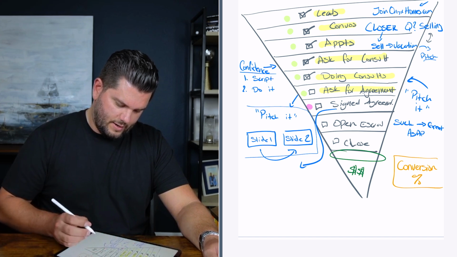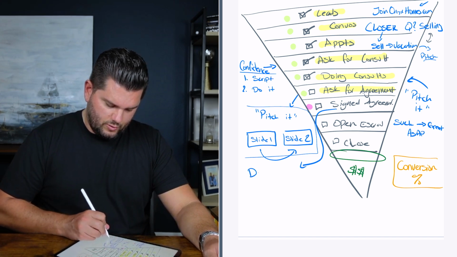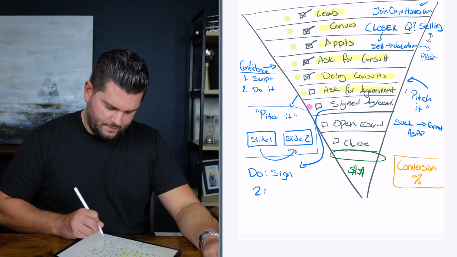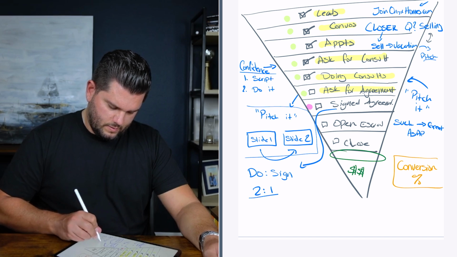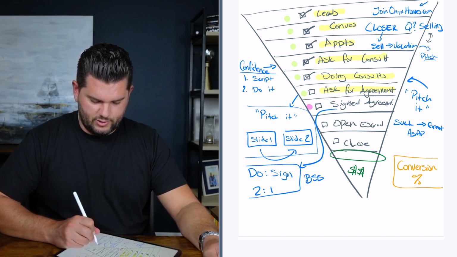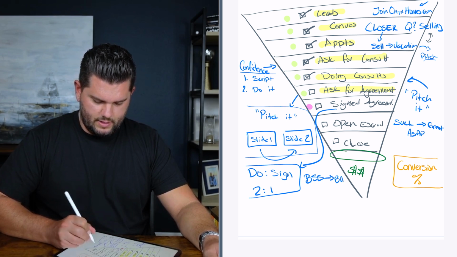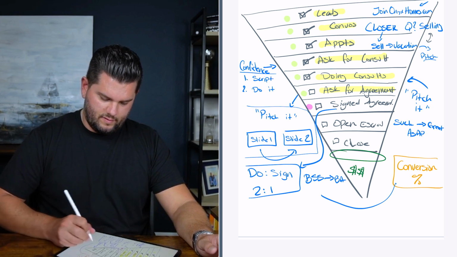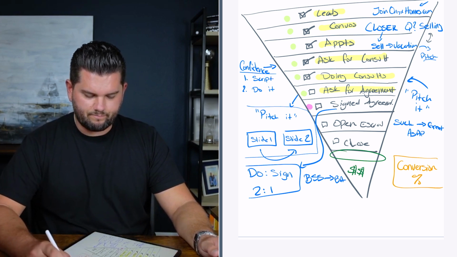The due to sign is 2 to 1. Oh my gosh. From what we call a buyer strategy session to a buyer agreement is 2 to 1, meaning a 50% close rate. So this is 50% here. I'm going to erase that.